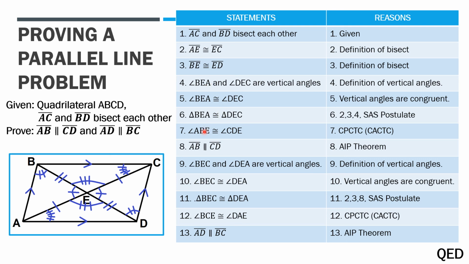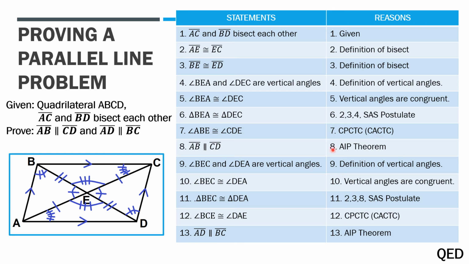Statement 7 is a consequence of statement 6, which states that angle ABE is congruent to angle CDE by the reason of CPCTC, or particularly CACTC.